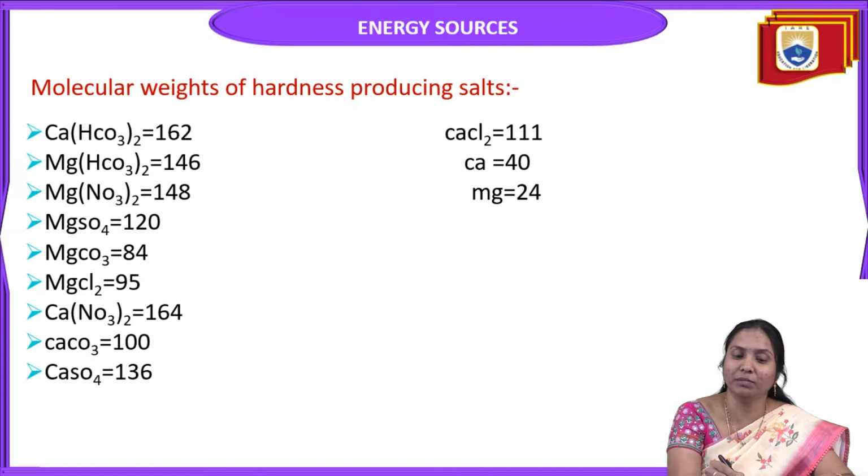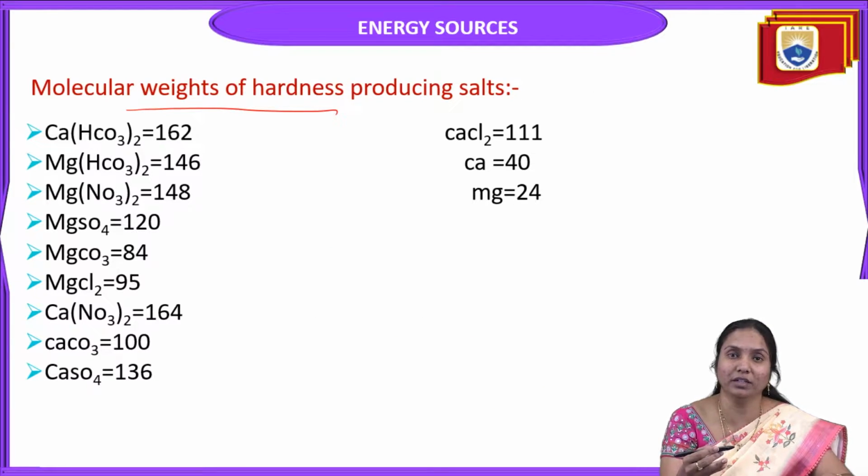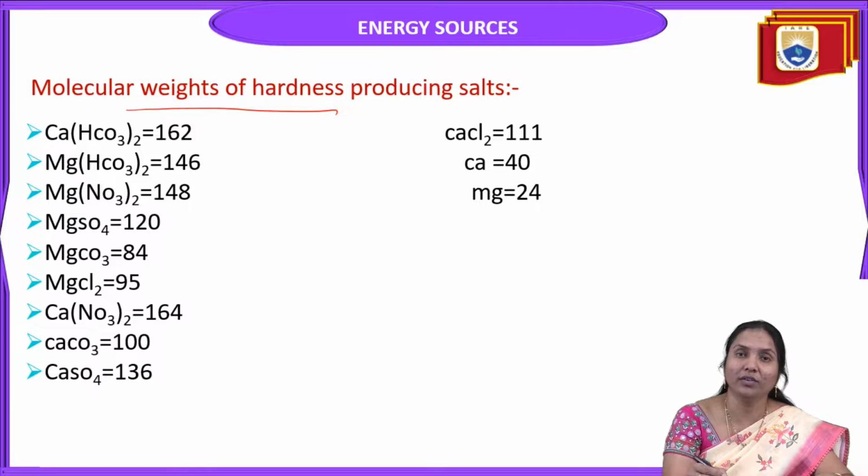Now we should remember, before solving problems based on permanent, total and temporary hardness of water, the molecular weights of hardness causing salts. Here again are all the molecular weights in this slide.